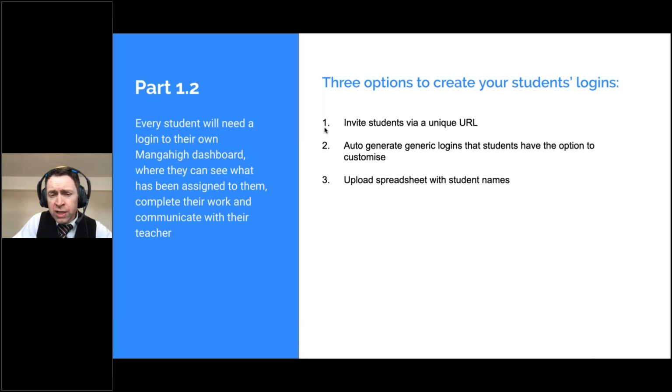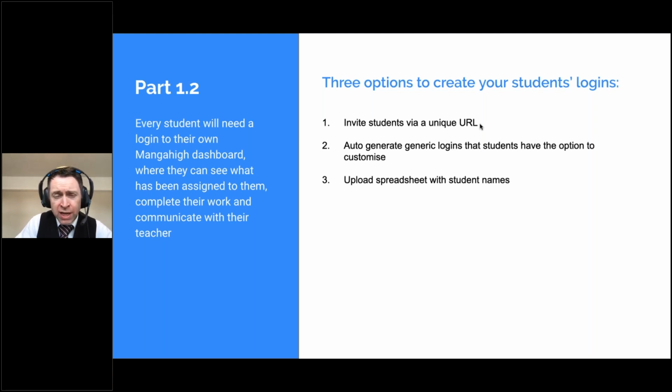The first option is by far the simplest. This gives you the ability to invite students to create their own logins using a unique URL or link. Basically, you send out the same link to every student in your school. They then choose the class that they're in and type in their names, and it automatically generates a password and a user ID that they can see at home on their screen.